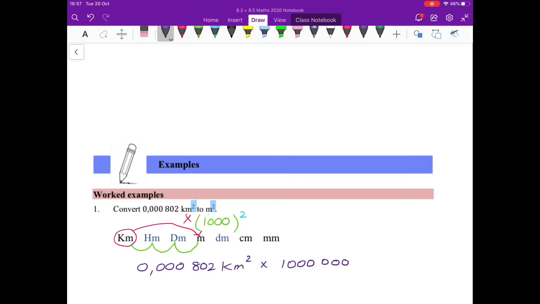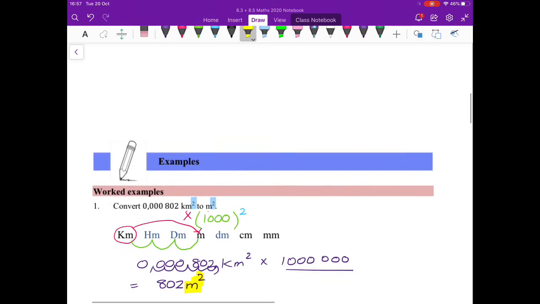We are multiplying, and there are 6 noughts here, so the comma would move 6 places to the right because I'm multiplying: 1, 2, 3, 4, 5, 6. So this will equal 802 meters squared. Do not forget to put your units, and that was the squared, which we revised in the last video.